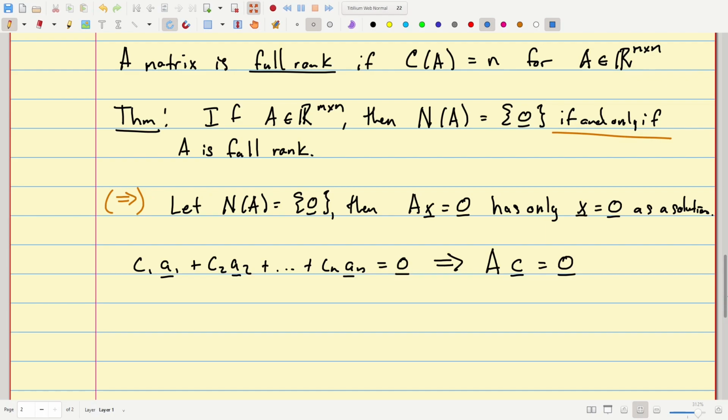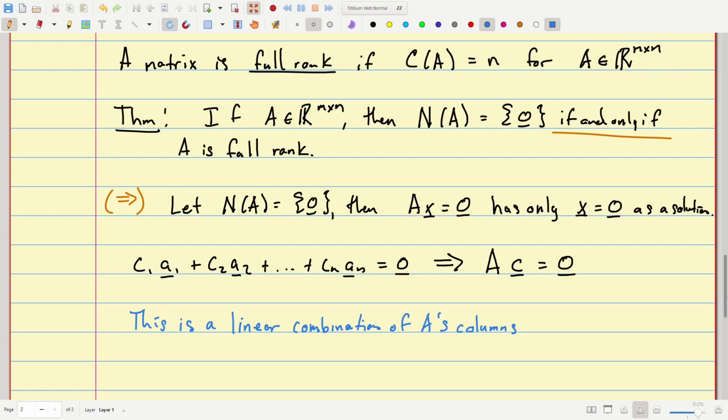I'm going to write this in a different color so it's clear. What I have is a linear combination of A's columns.